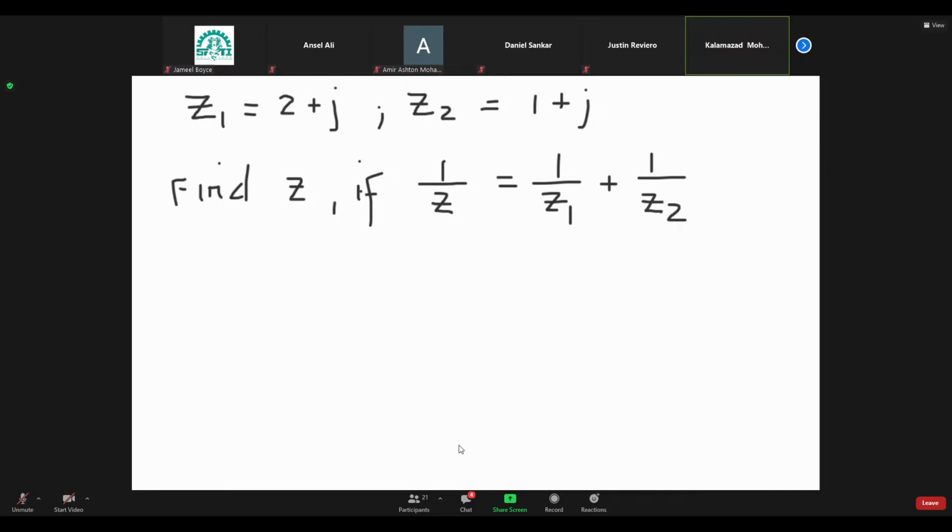All right, if you're struggling, I'll start you off a little bit. So 1 over Z would be 1 over 2 plus j plus 1 over 1 plus j. Right? Now, how do you add fractions?